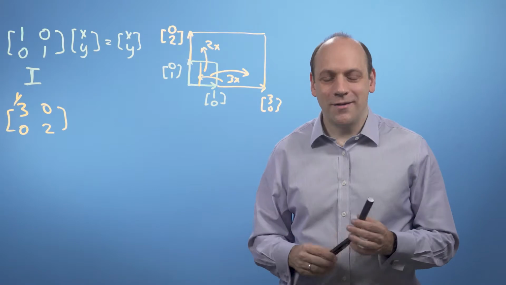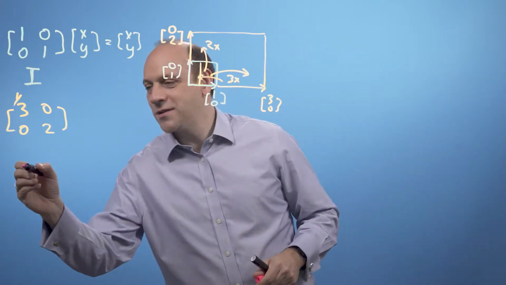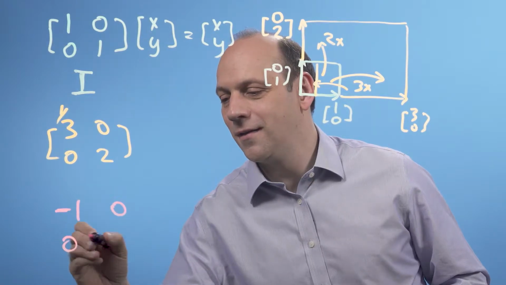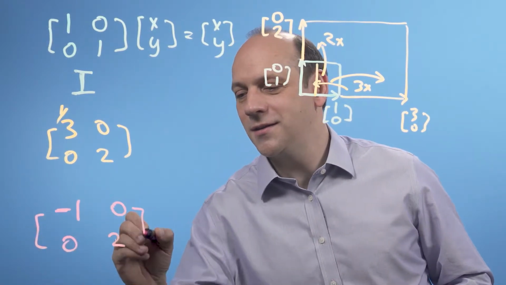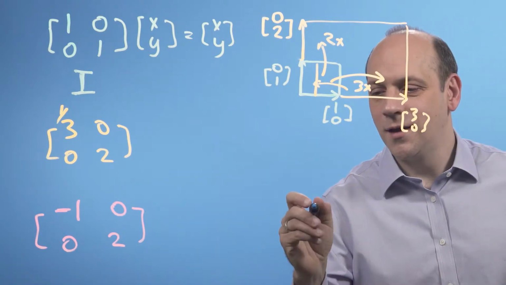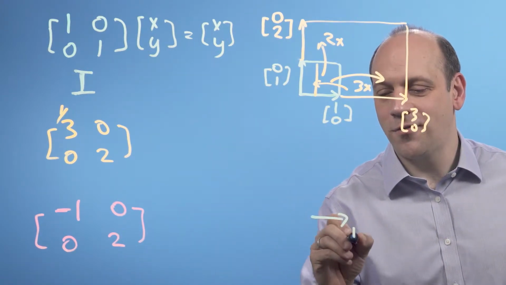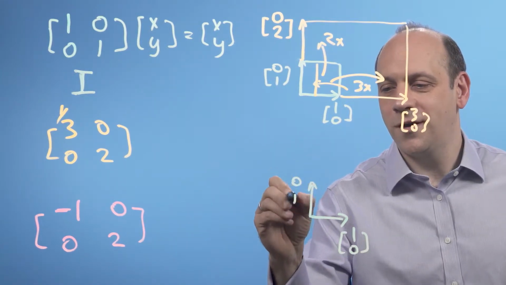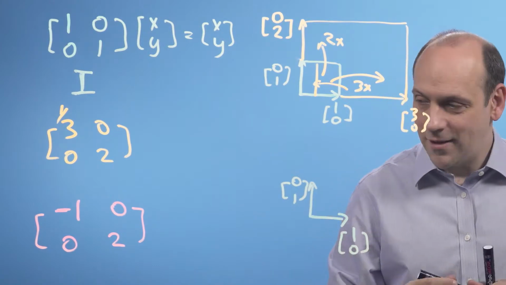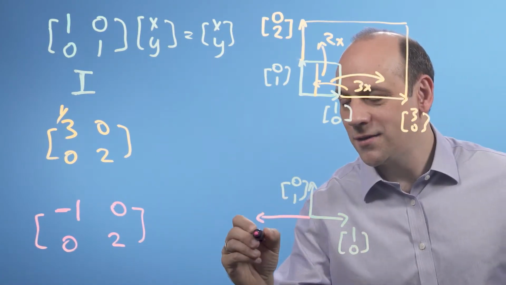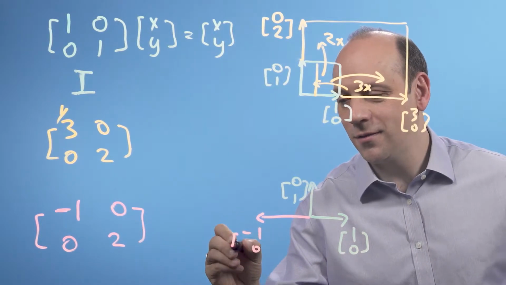The next thing to think about is what happens if I've got a matrix where I scale by, say, -1 here on one of the axes. Well, what that's going to do, so the original axes, is it's going to flip them around. So if I've got 1, 0 here, and 0, 1 being the other axis, of course, then that's going to scale the first one over here to being -1, 0.